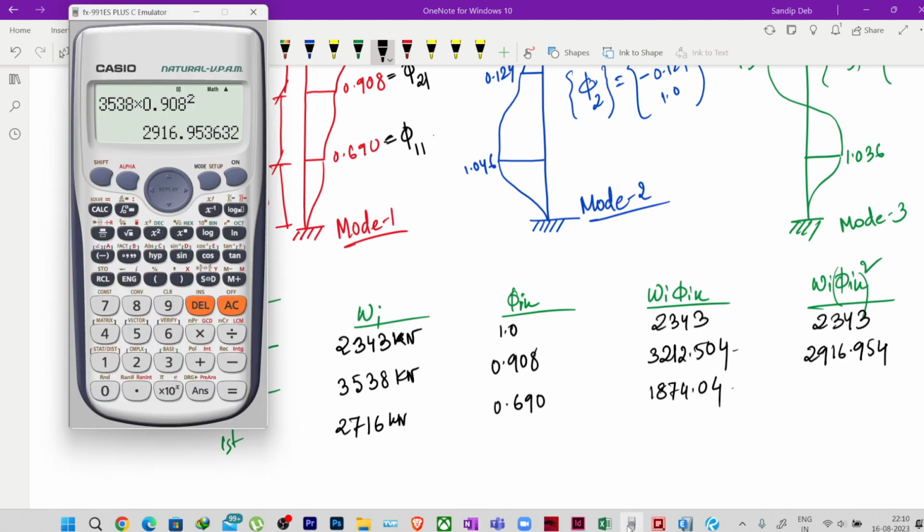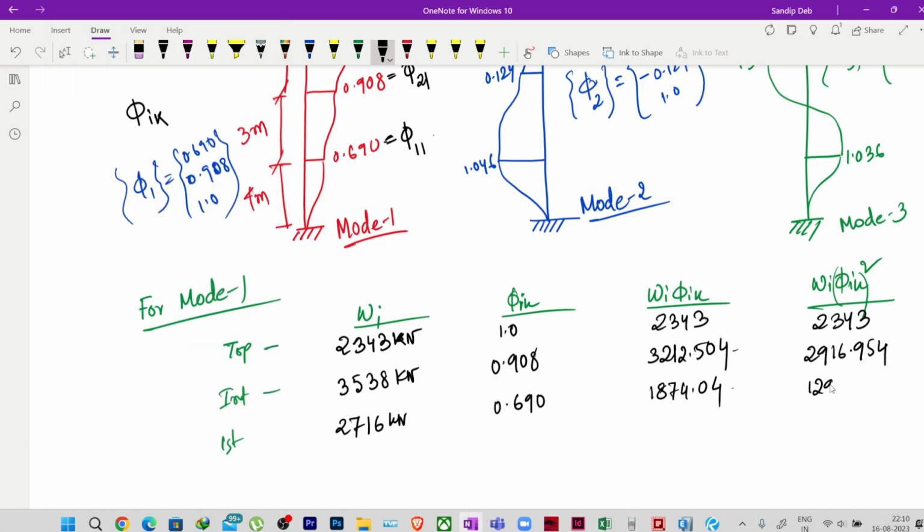And the next one is 2716 multiplied by 0.690 square, so it is 1293.088, right?